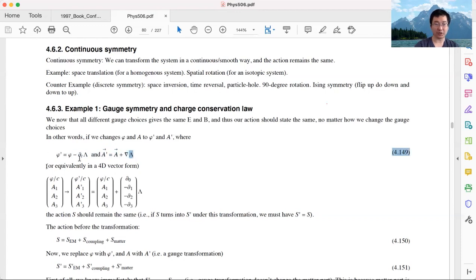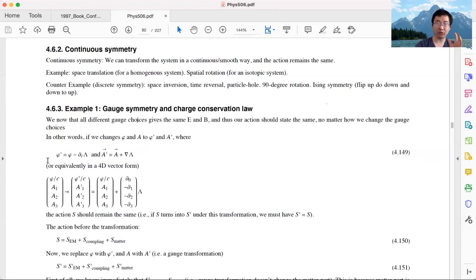This transformation is known as a gauge transformation. So gauge transformation transforms me from one set of phi and A to another set of phi prime and A prime. Okay? So these two sets, phi and A, phi prime and A prime, they describe the same E and B. So nothing actually changes if I choose to transform phi and A to phi prime and A prime.